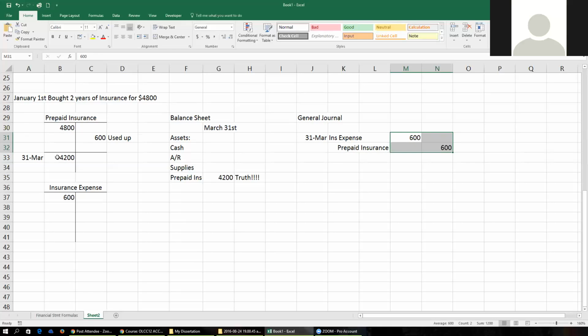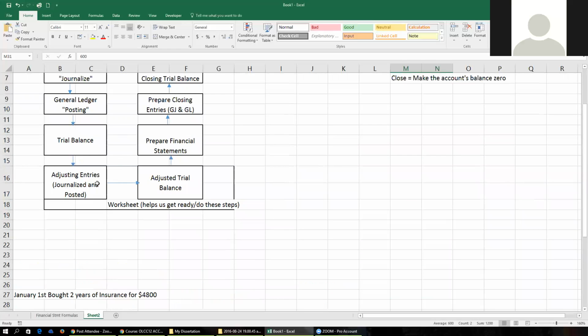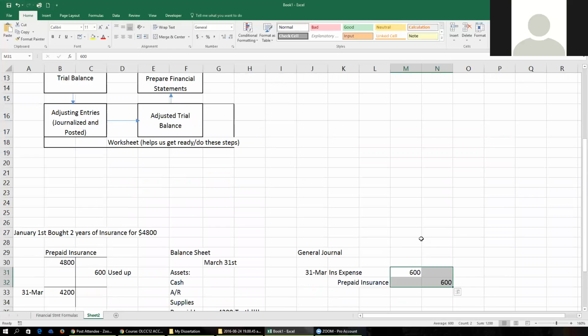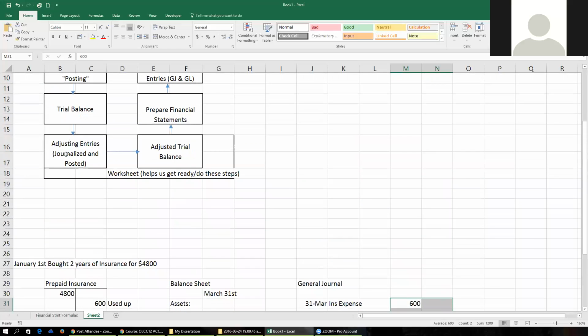Okay, so all those adjusting entries, you're going to learn a bunch more, probably about a total of 10 of them. So go to set of notes, 10 examples. That is what we're talking about here. You're going to make adjusting entries. You're going to journalize them, put them in the general journal just like this, post them to the general ledger.